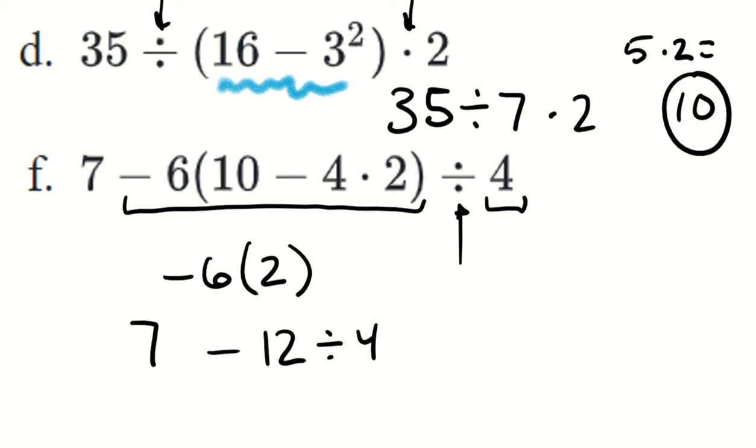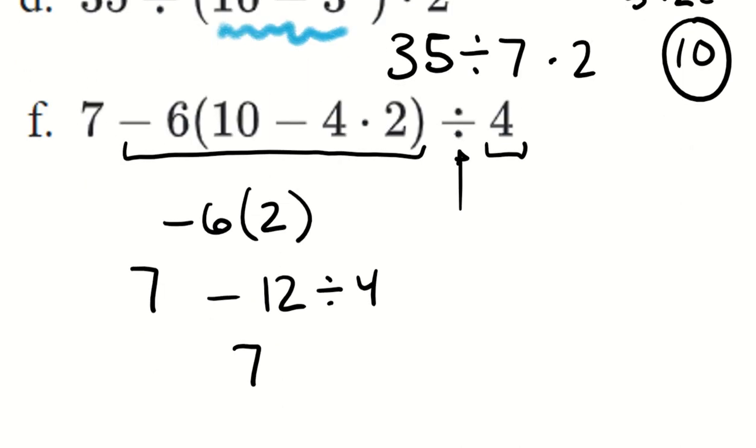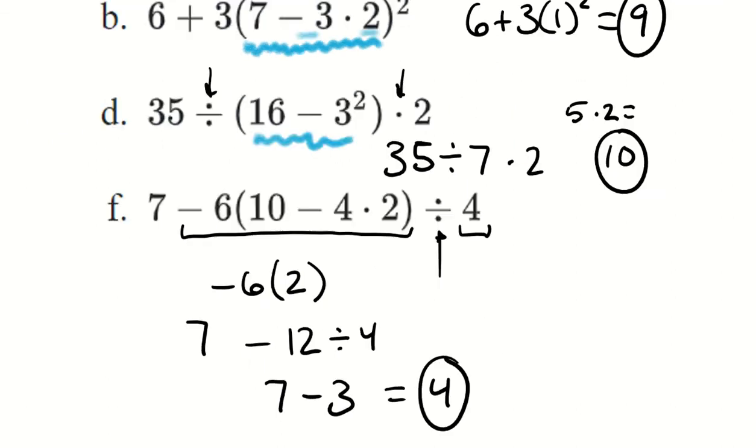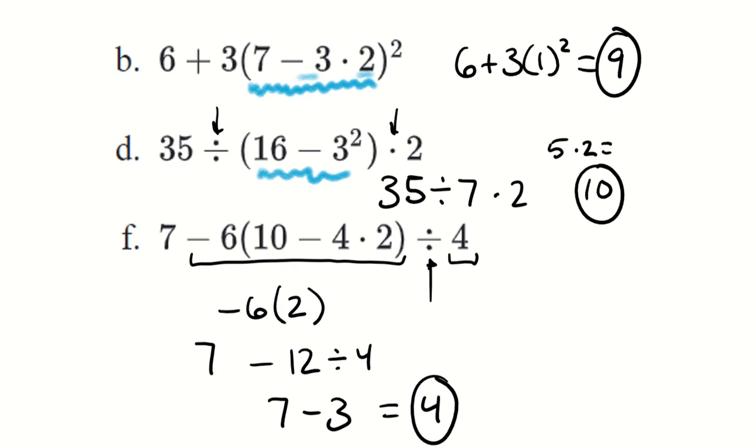I've got to take this negative 12 and divide that by 4. Negative 12 divided by 4 is negative 3. So we are looking at 7 minus 3, which produces an answer of 4. I think F is 4.